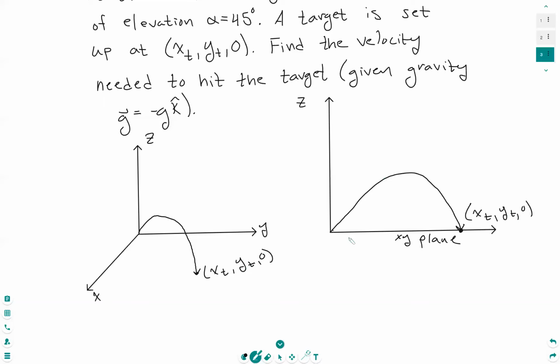And we have a 45-degree angle, and we have some initial velocity that we'll call v naught. This is at 45 degrees. Okay, so let's find this v naught for this general xt, yt.